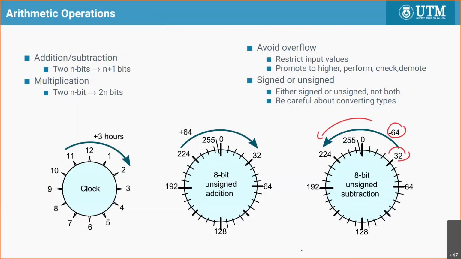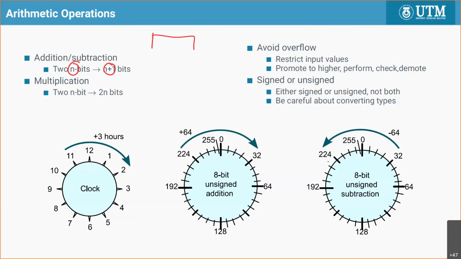So you do have to know the limits of the number range, and one more thing is that you have to know whether the number is signed or unsigned. So 4 things to remember. When you add 2 n-bit numbers, you get n plus 1 bits.